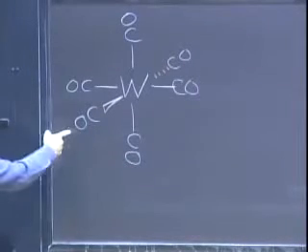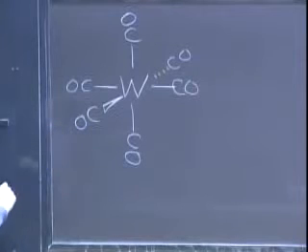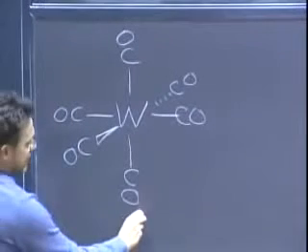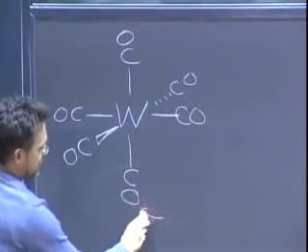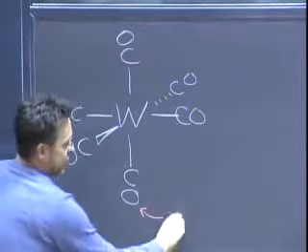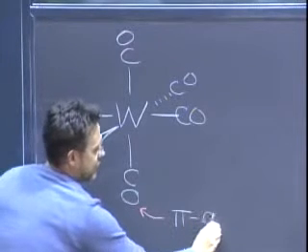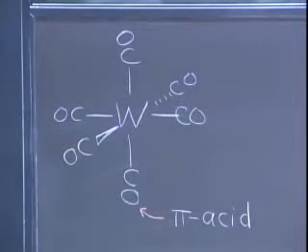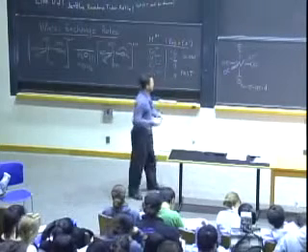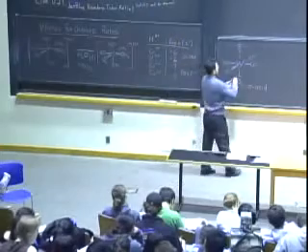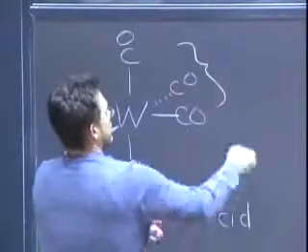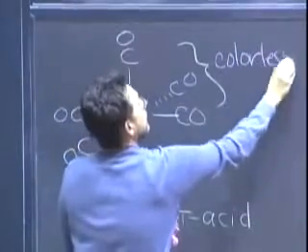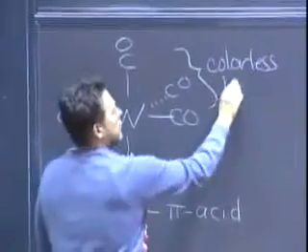And in this tungsten hexacarbonyl system, you're going to find that, as you'll be seeing in recitation this week, these CO ligands are pi acids. They are very high in the spectrochemical series. This leads to a molecule like this being colorless. It has a large delta O.